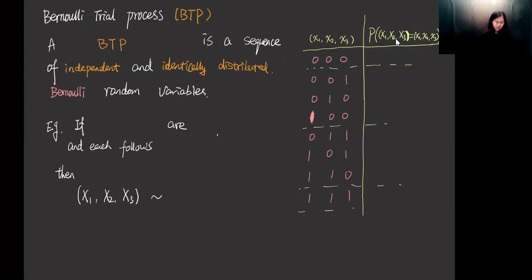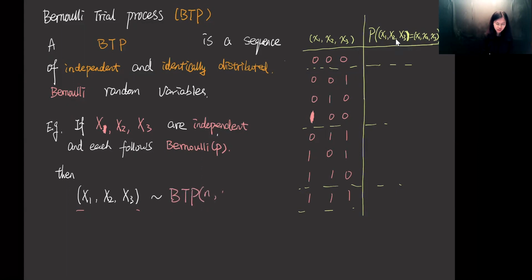Just to give you a more concrete idea, consider this example. If x1, x2, x3 are three random variables, if they are independent, and if each of them follows a Bernoulli p distribution, that is, they have the same distribution and the same distribution is Bernoulli p, then when you put these three random variables together in an ordered sequence like this in the parentheses, x1, x2, x3, this sequence forms a Bernoulli trial process with parameters n and p.